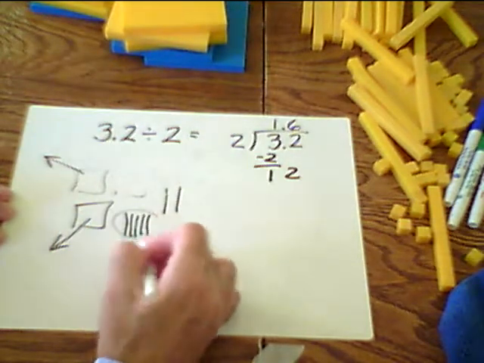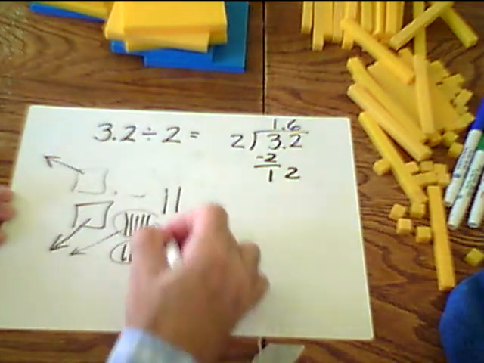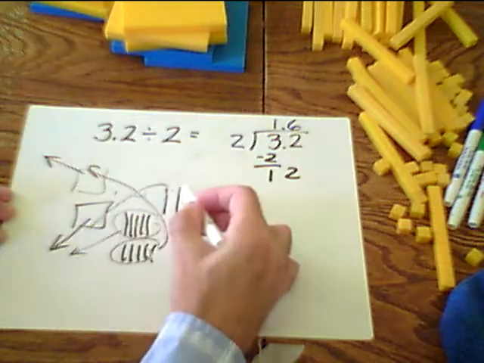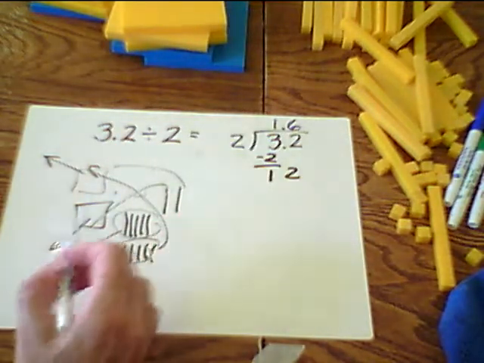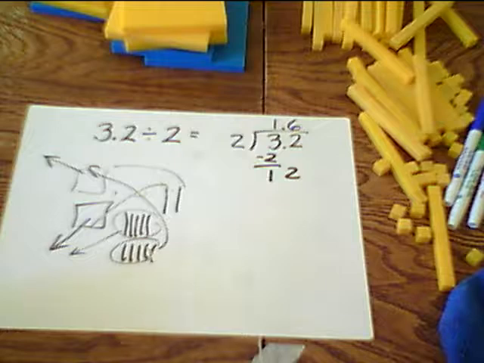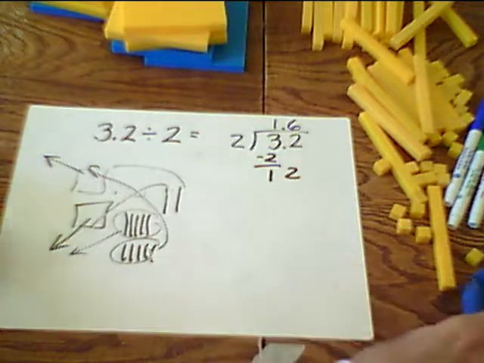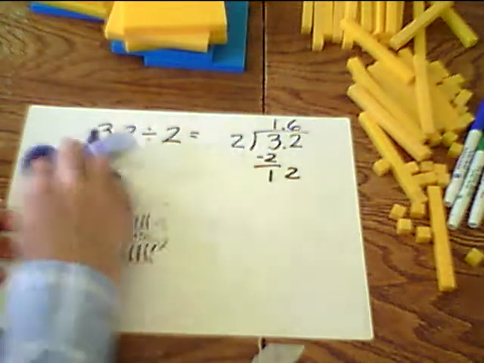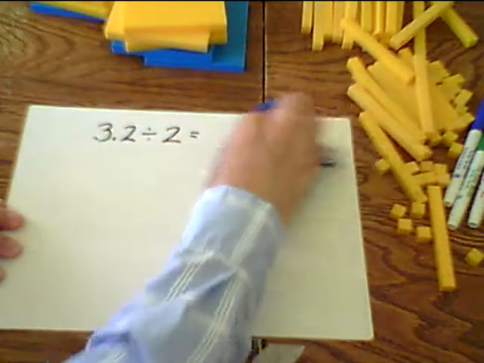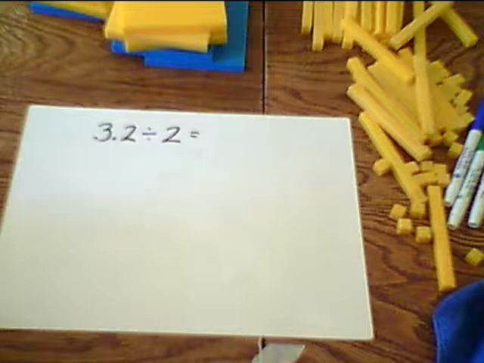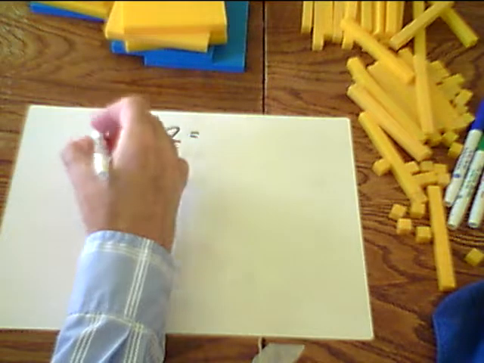Okay, so now I take these 5, put them here, these 5 go into there, and 1 here and 1 there, and sure enough I do get 1 whole and 6 rods, 1 and 6/10. Okay, so they do that one. They try maybe another one.